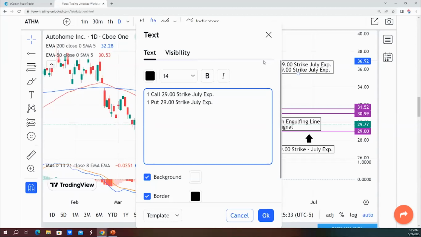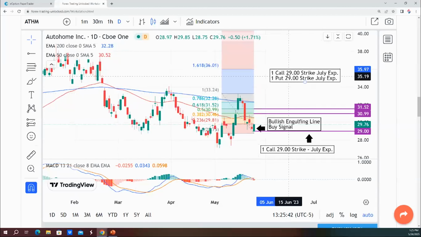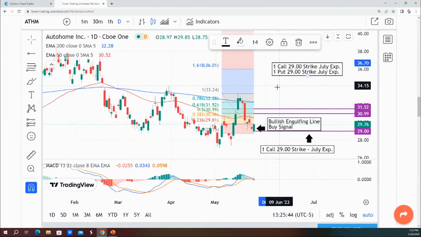So that's one call, same strike price, same July expiration, one put, same strike price, 29, and same expiration. This is another directional or non-directional but movement play.